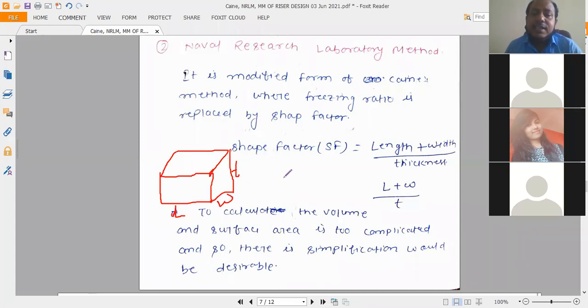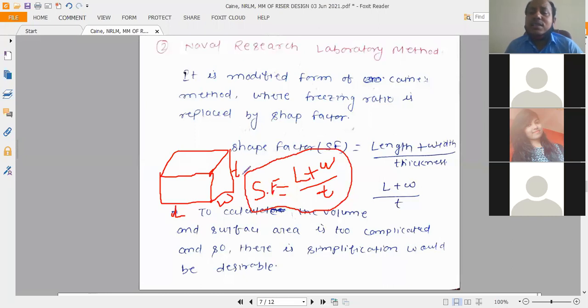Then the shape factor is equal to length plus width divided by thickness. So they say that the shape factor is a little better to calculate easily instead of the freezing ratio. सो शेप फैक्टर से जब वो कैलकुलेट करके देखे तो बोले कि रिजल्ट गुड है एंड इट इज वेरी क्लोज टू द एज द काइंस हैव डिफाइंड.